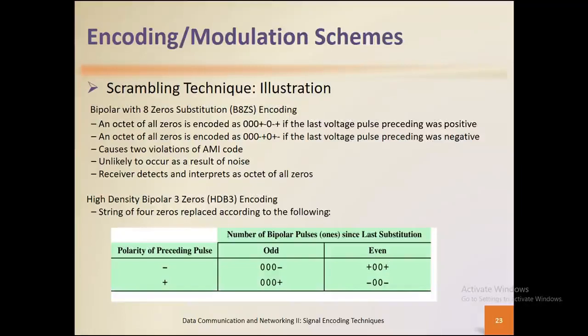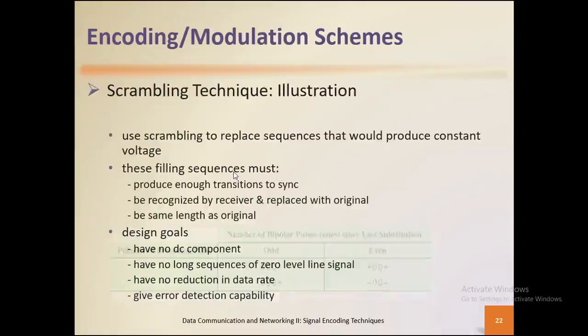Okay, I don't want to go into this in depth as it is complicated. But if you go back to its illustration, the scrambling technique usually replaces sequences that would produce constant voltages.